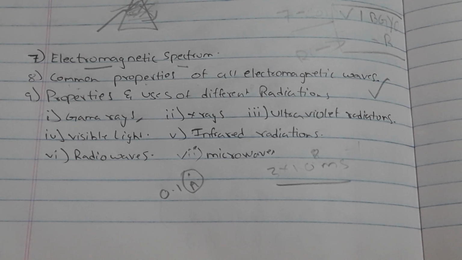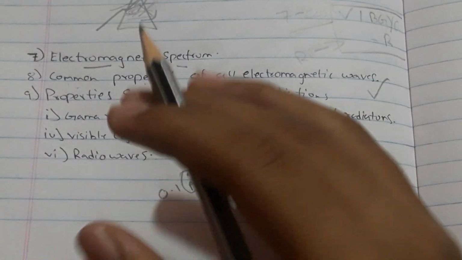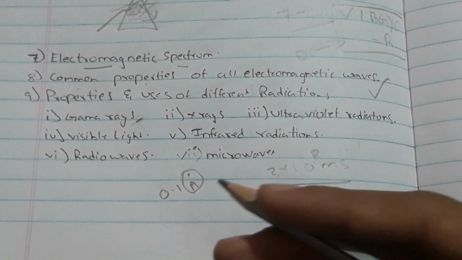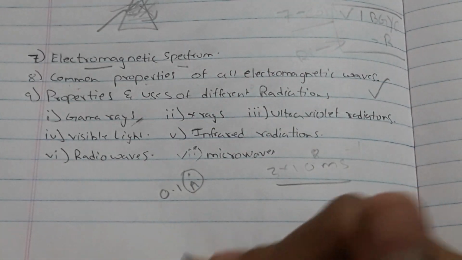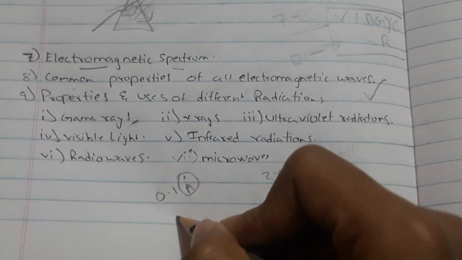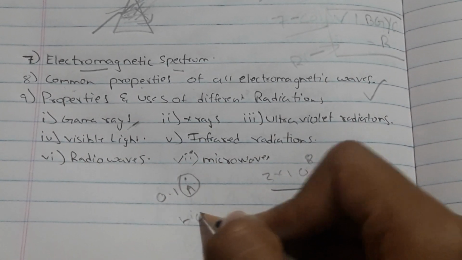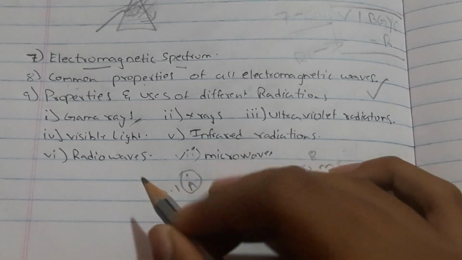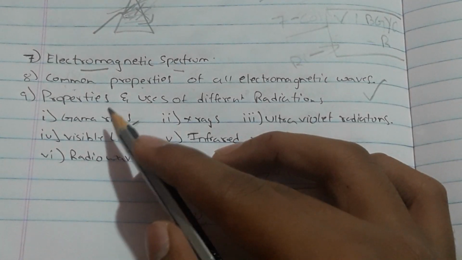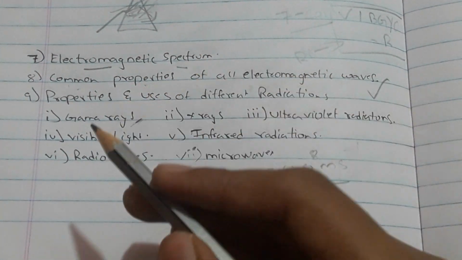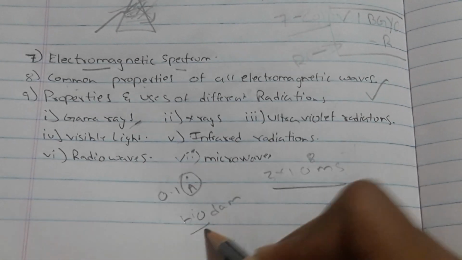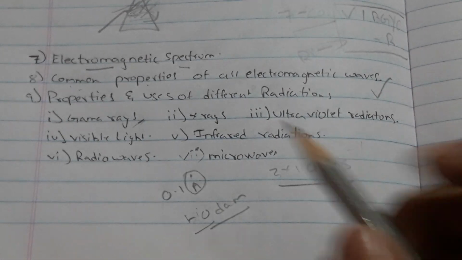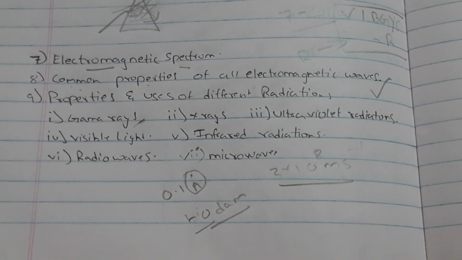Now moving to the properties. The properties of gamma rays are that they can easily enter the human body and can damage it, and the damage is biological. Now moving to the uses of gamma rays.